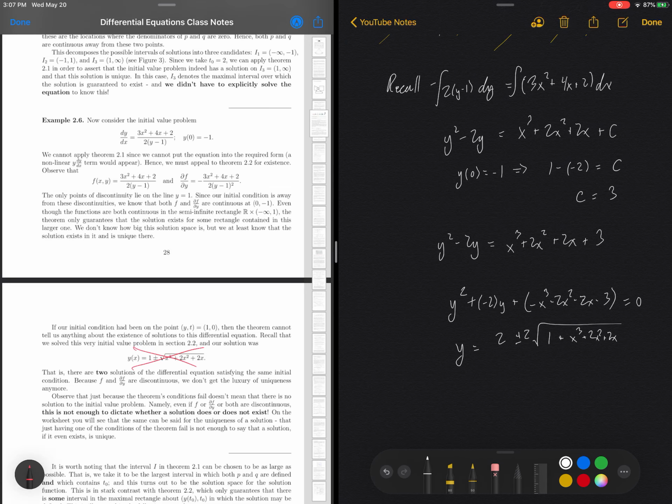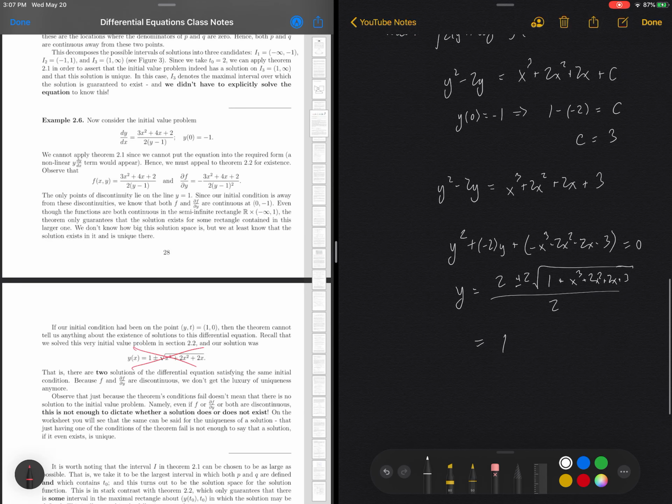I can actually factor this bit out, a 2, so that would be 1 plus x cubed plus 2x squared plus 2x plus 3. There we go, all divided by 2, so there it is, 1 plus or minus the square root. I can pull that out, so x cubed plus 2x squared plus 2x plus 4.